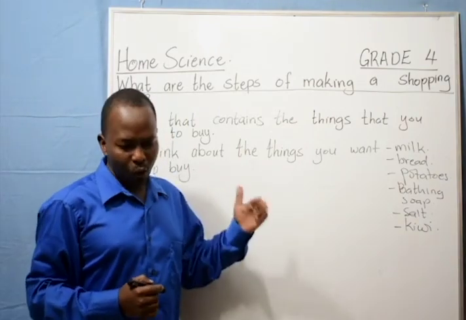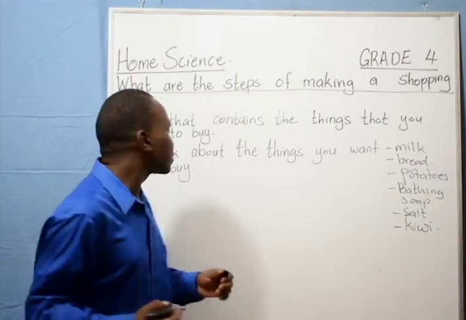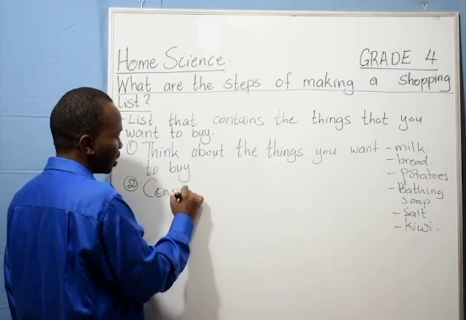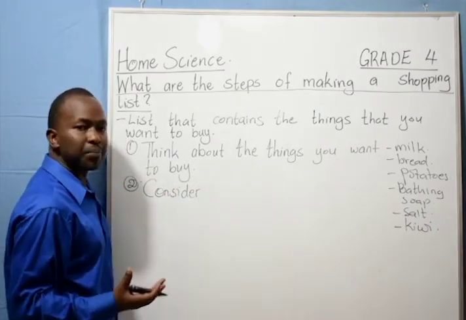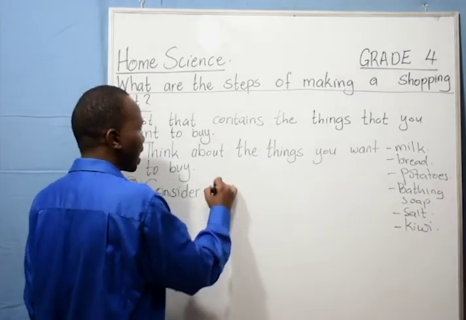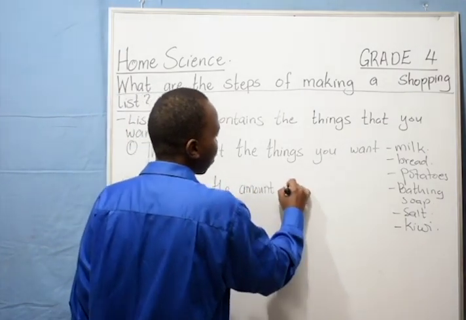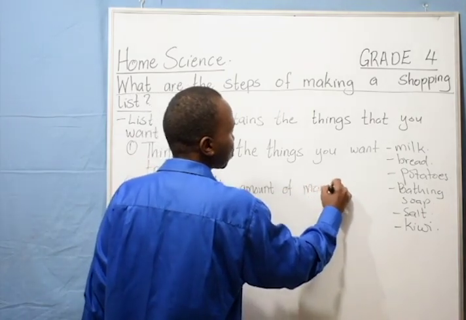Now, from there, once you have thought about them, consider the amount of money that you have. Consider, because for you to buy something, you require the money. So consider the amount of money that you have.